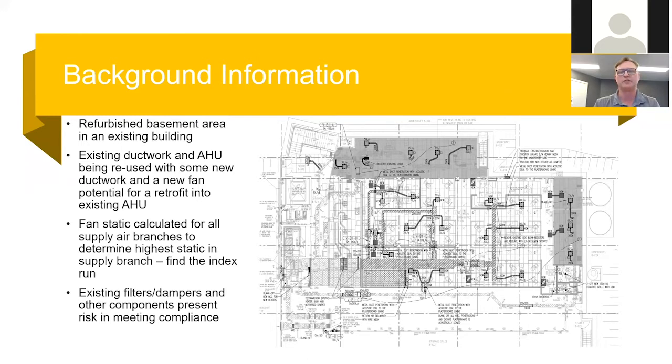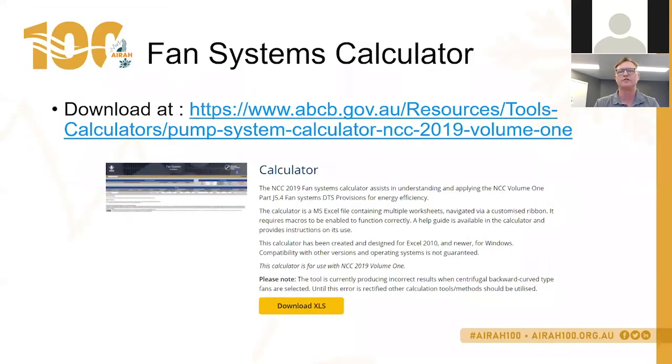That's just a peculiarity of that system that was used. We then get this information and we can put it into the calculator. To get the calculator, you can download it from the website, so directly from the ABCB resources page, that's the address there, and you download the Excel spreadsheet.